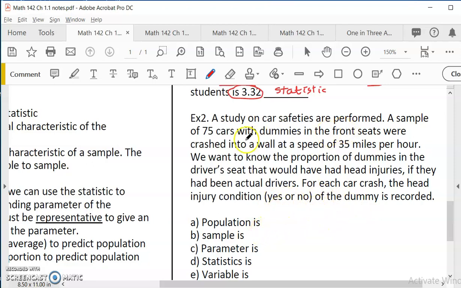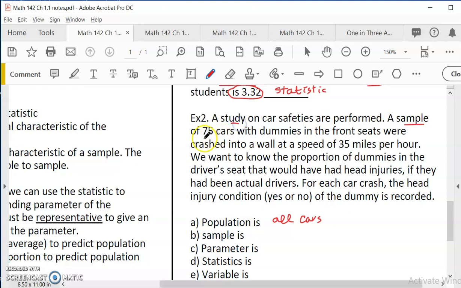The population is all cars, right? But did we study all the cars? Did we use all the cars to crash into the wall? If we do that, there will not be any car left for us to drive, right? So no, they use a sample.